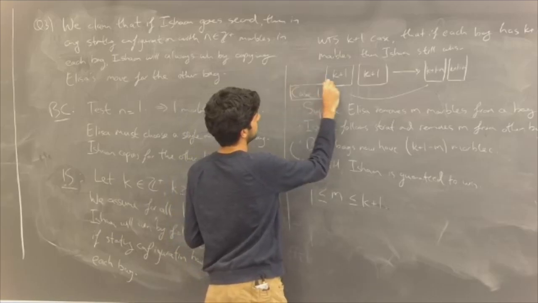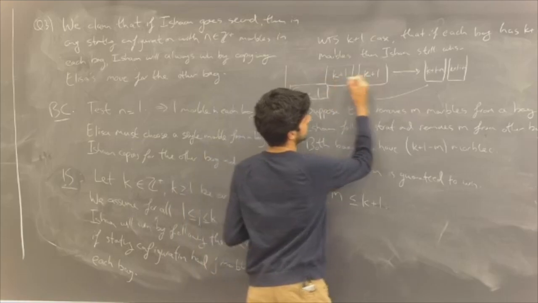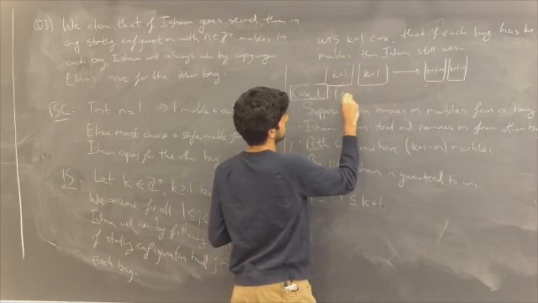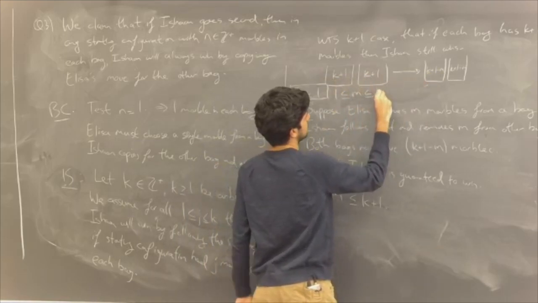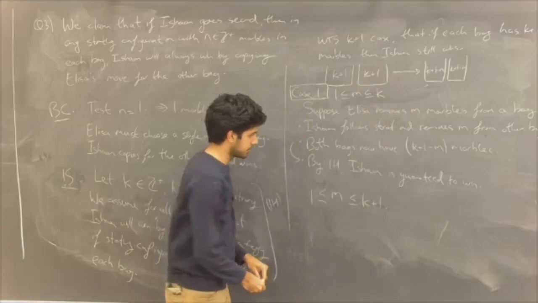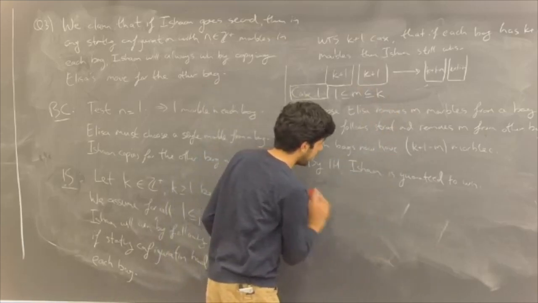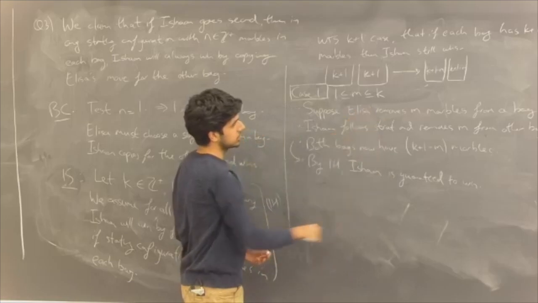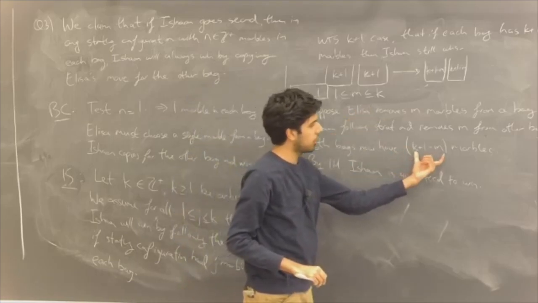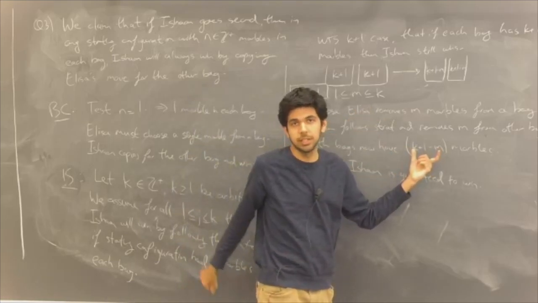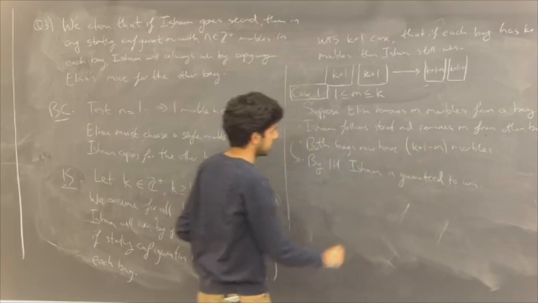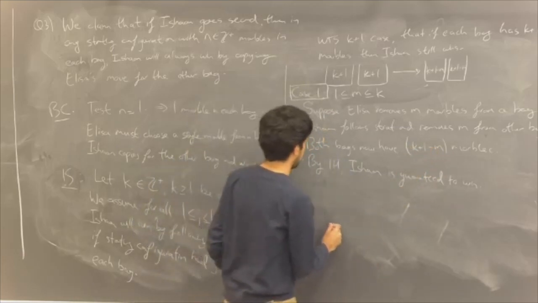So case 1 will be when m is in between 1 and k. Then everything I do here is completely justified, because this value will always be in between 1 through k.